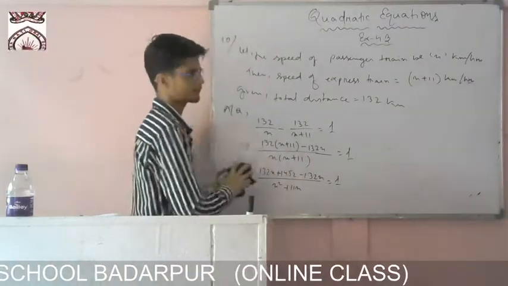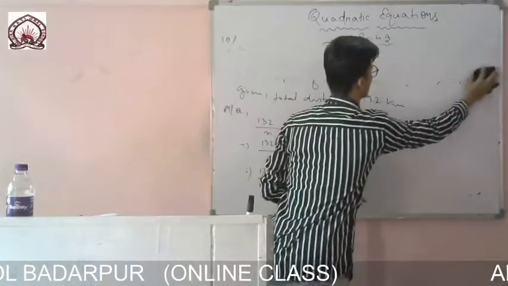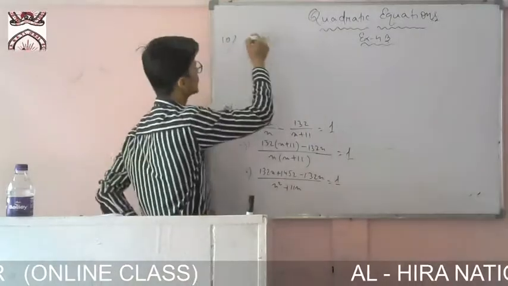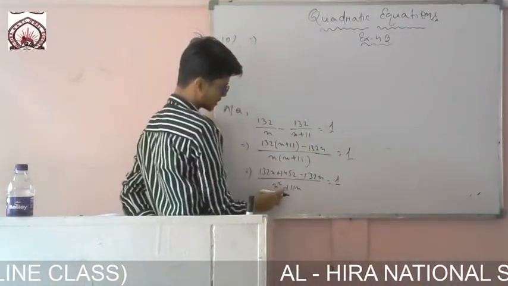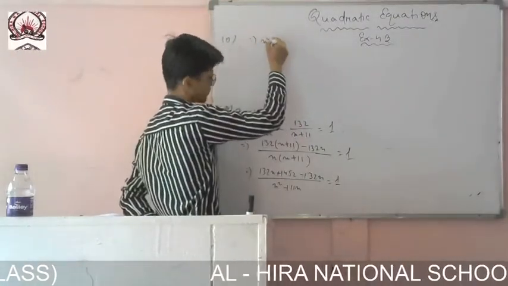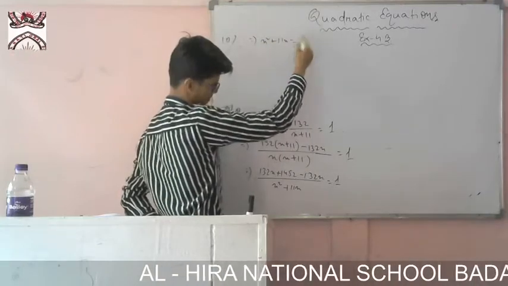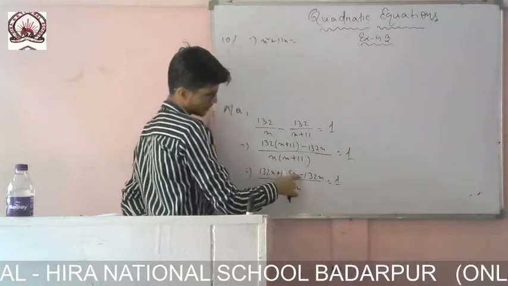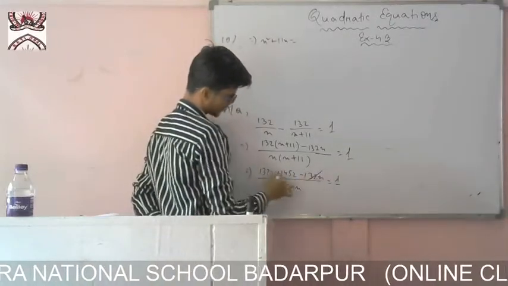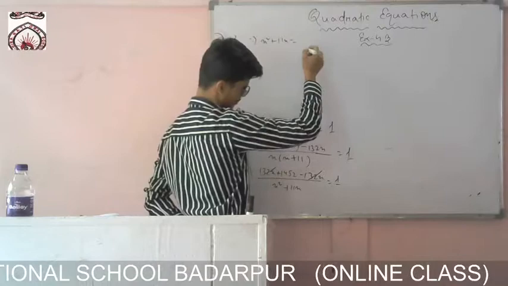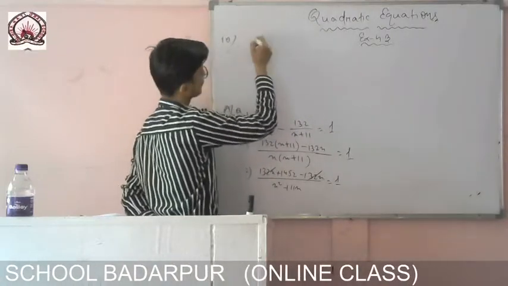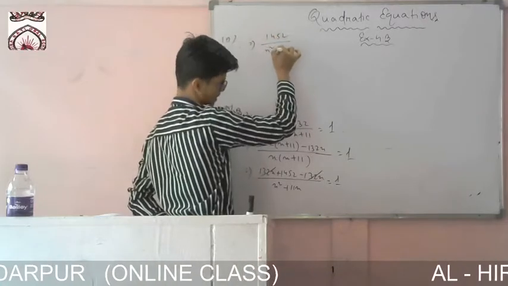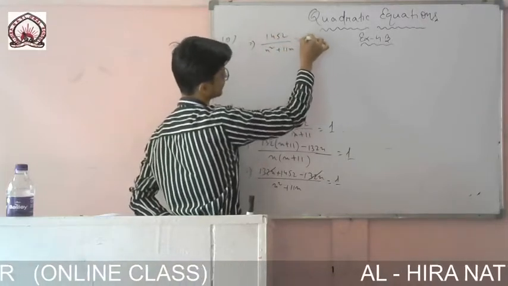So now I am erasing this one. Now you see, if I go on solving, then I will do cross multiply. Here x square plus 11x, and there is 132x plus and 132x minus, so I can cancel them, and there it will be 1452 by x square plus 11x equals 1.